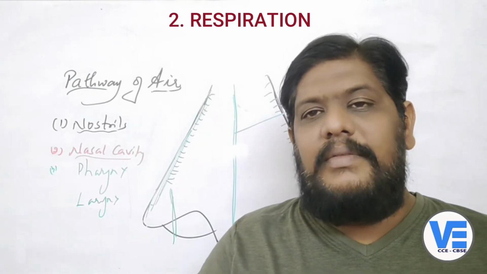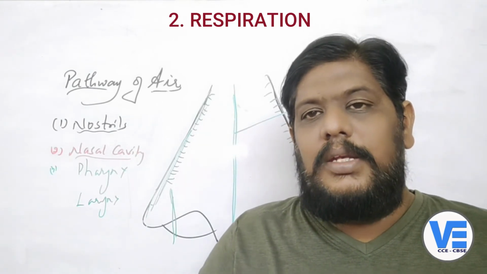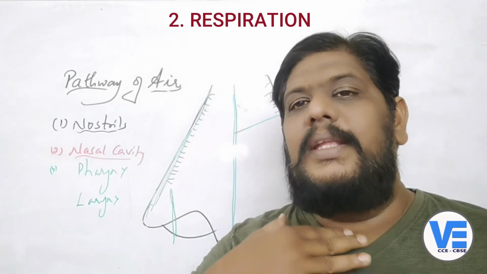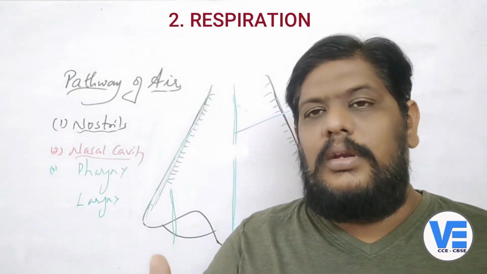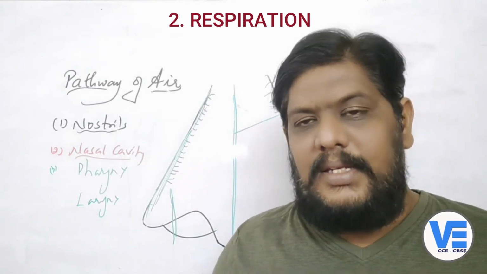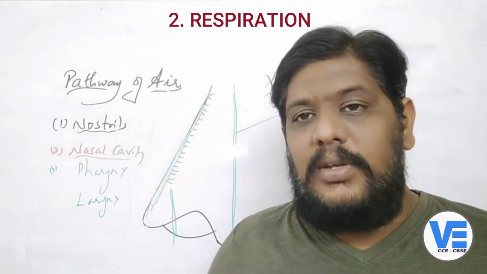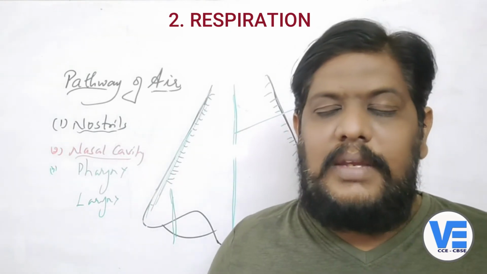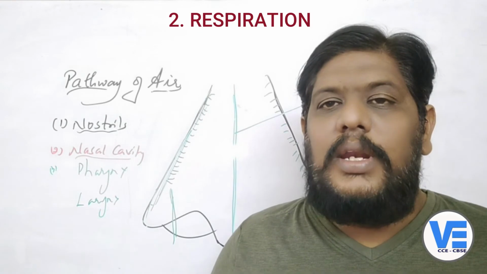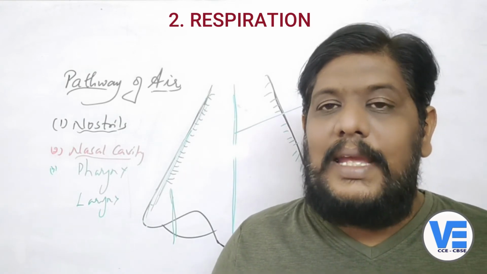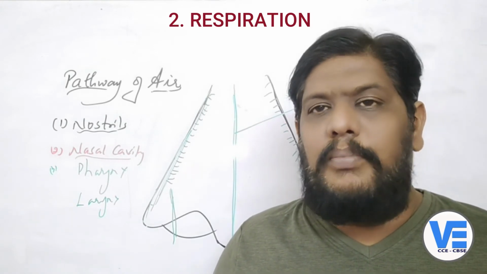We talk when we breathe out; you cannot talk when you're taking the air inside. You can give it a try and check whether you are able to talk when you're taking the air inside. It's highly impossible.